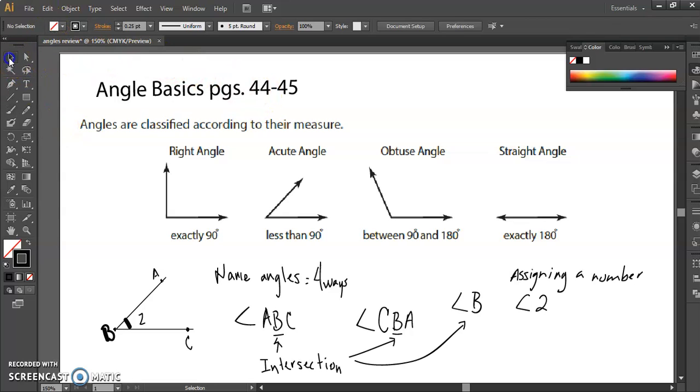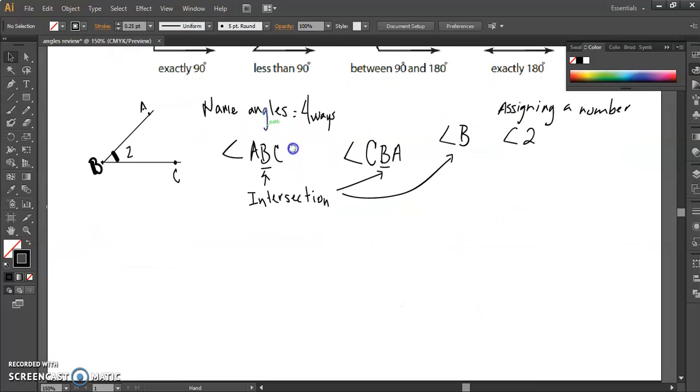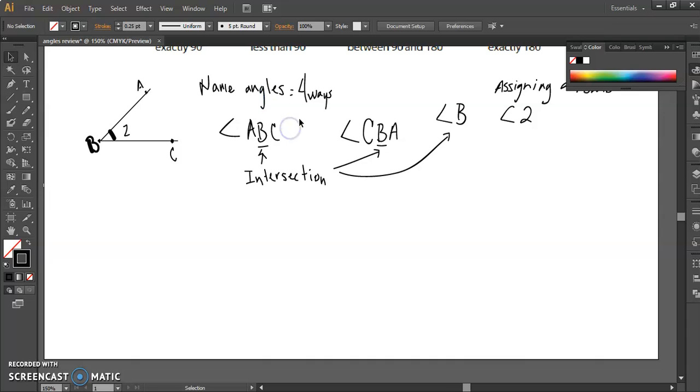Now, let's move on to something else that is important for today's topic, and that we also learned last class. In the video from last class, we saw that there are complementary angles and supplementary angles.